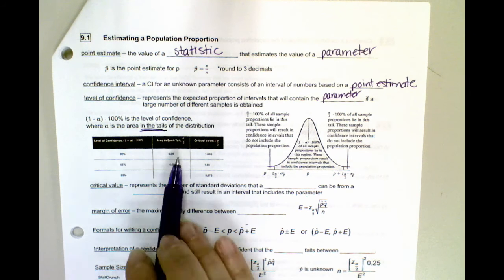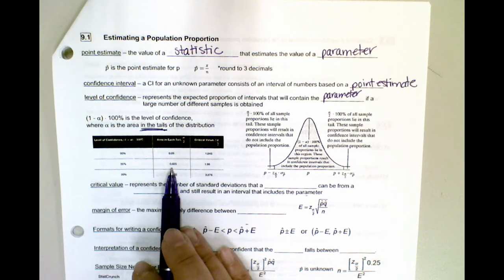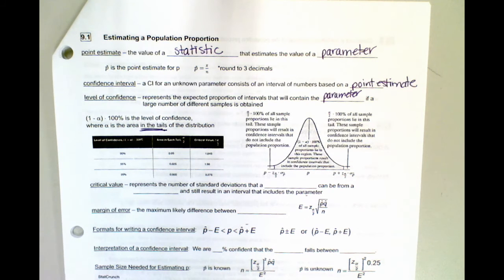That's how we get 0.05. In order to be 95% confident, each tail's area would then decrease to 0.025, 99%, 0.005. So obviously that alpha gets a little smaller as we become more and more confident.